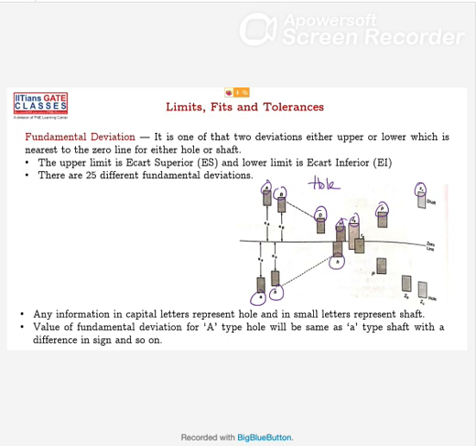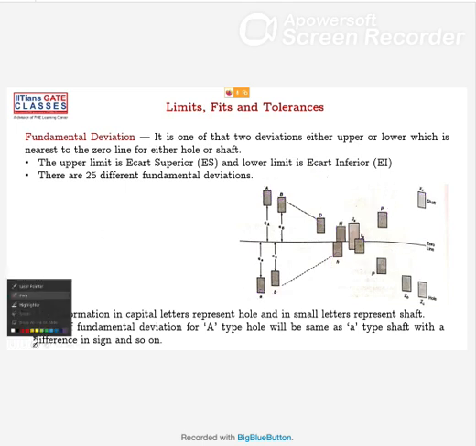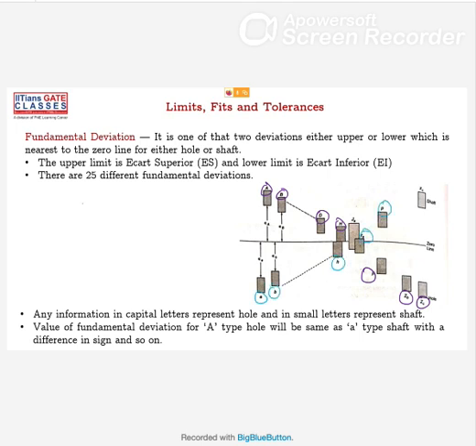Holes are like this. Shafts are like this. So let me redraw that again. These are holes: H, P, Z. All these things are holes. And if I take a different ink here, these are shafts.